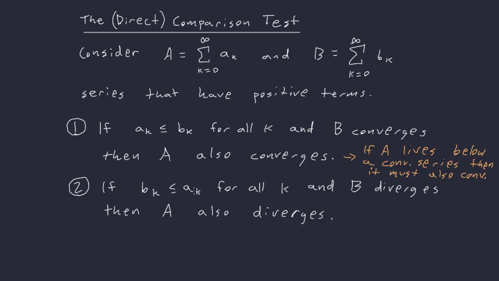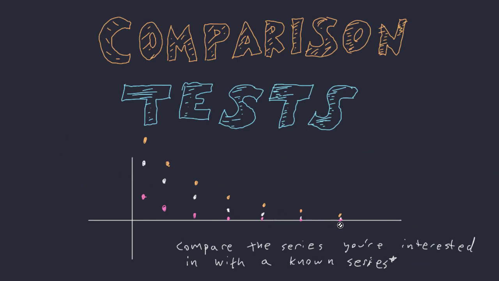However, if your A, the series you're looking at, lives above a divergent series, then A must also diverge.